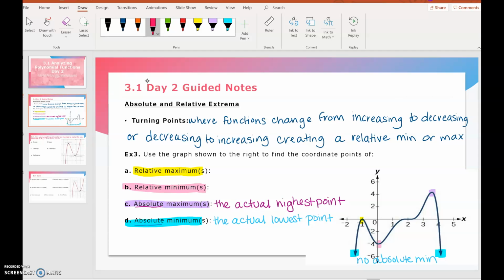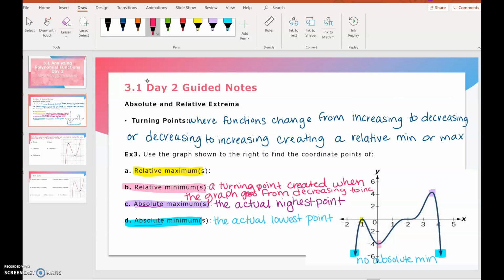So again, a relative minimum is a turning point created when the graph goes from decreasing to increasing.